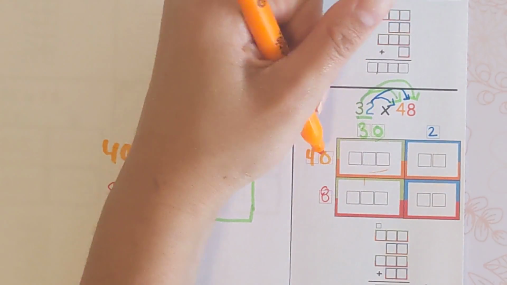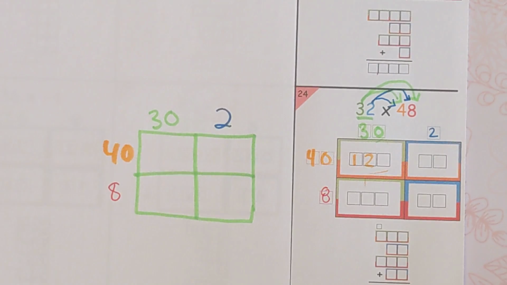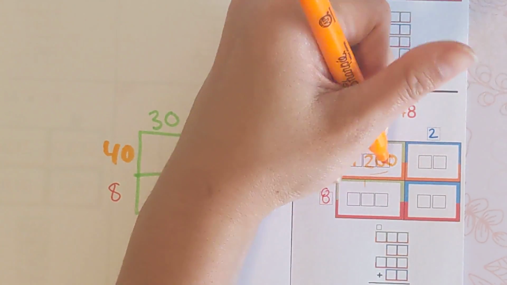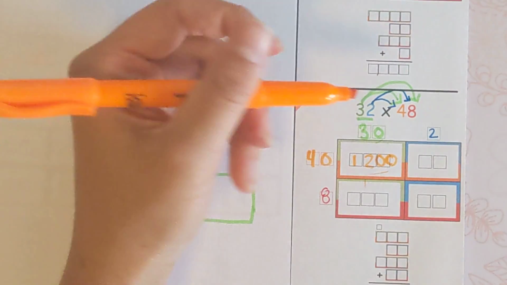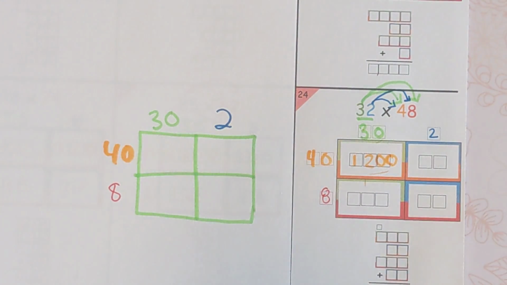So 3 times 4 is 12. And I'm going to put 2 zeros in. I'm sorry, there's not an extra box there. I'll make sure I fix that on here for you. So 3 times 4 is 12, and then we have our 2 zeros.